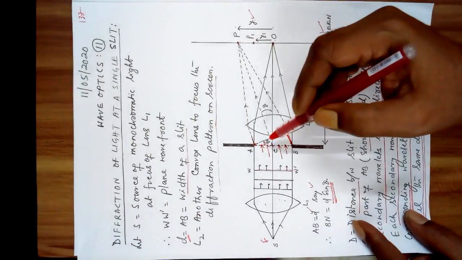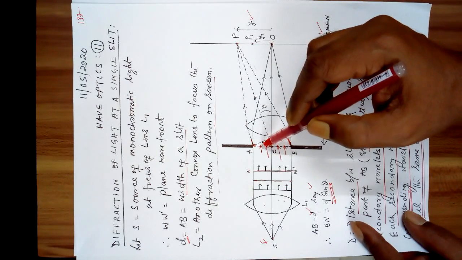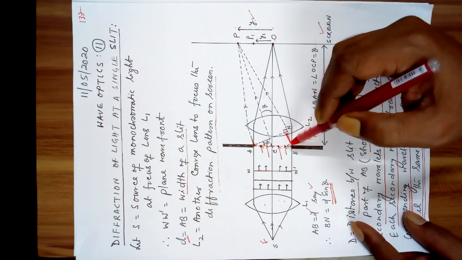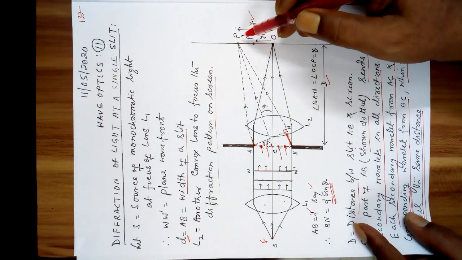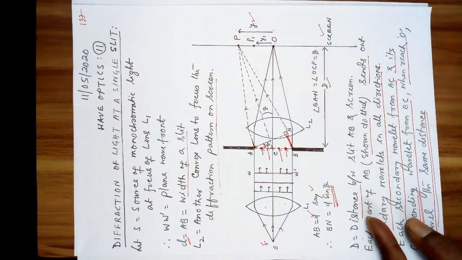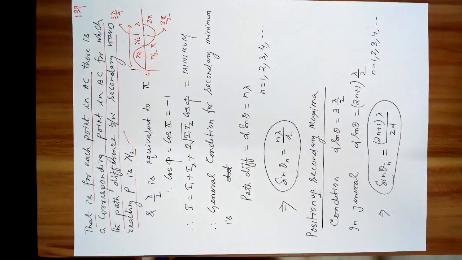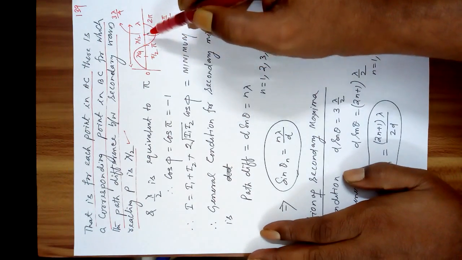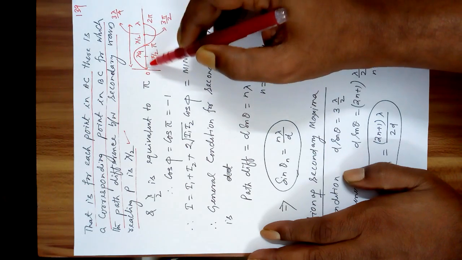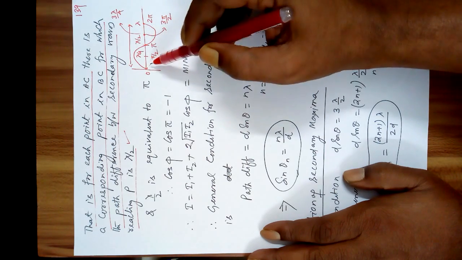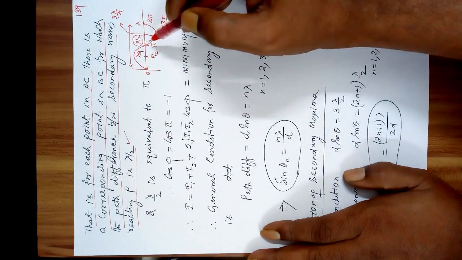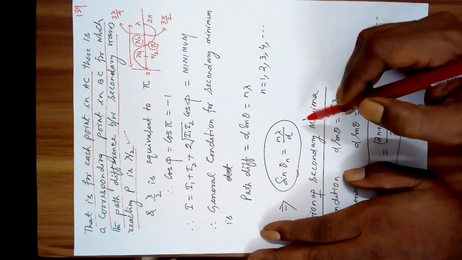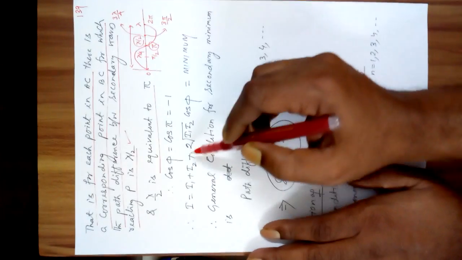Means for each point in AC, say this point, and its corresponding point in BC, while reaching P, they have a path difference of lambda by 2. From the diagram, from here to here is lambda, from here to here is lambda by 2, and from here to here is 2 pi. So from here to here is pi. So lambda by 2 is equivalent to pi.